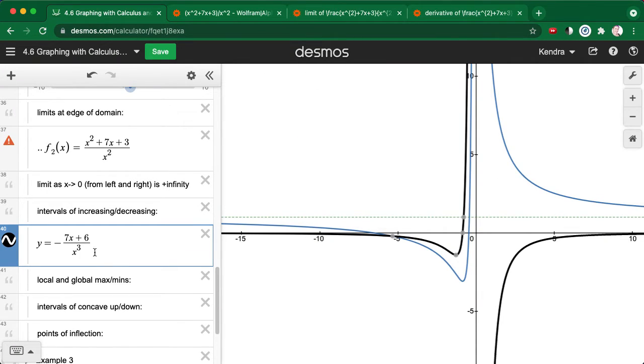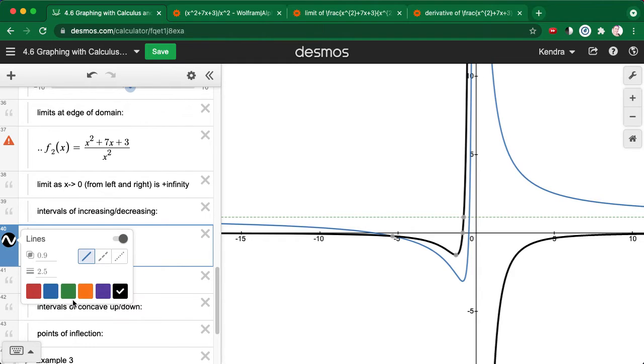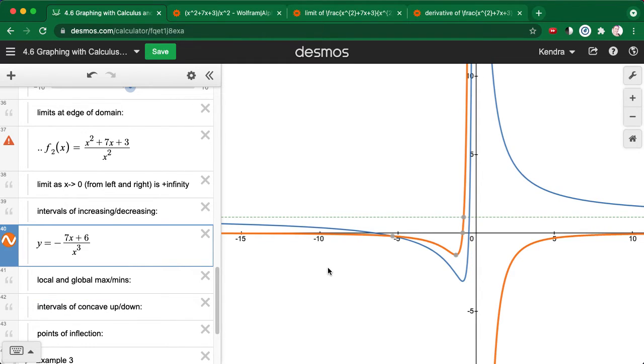And I'm going to turn that off now. I'm going to make this orange. I don't know why I always have to have it orange, but I do. And so now I can actually see from this there's only one place where the derivative is 0, because that is a linear function.